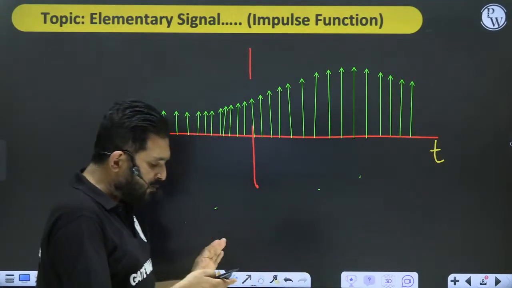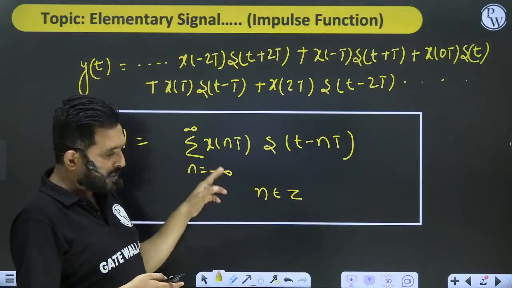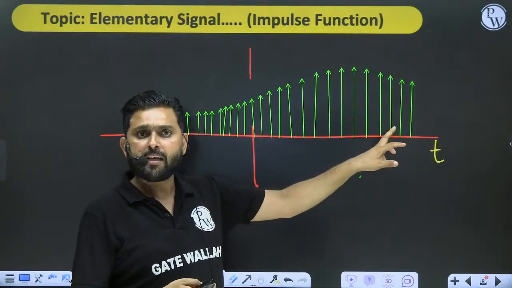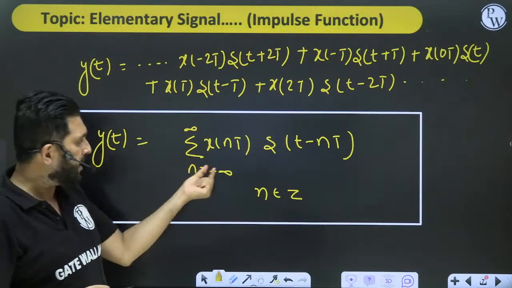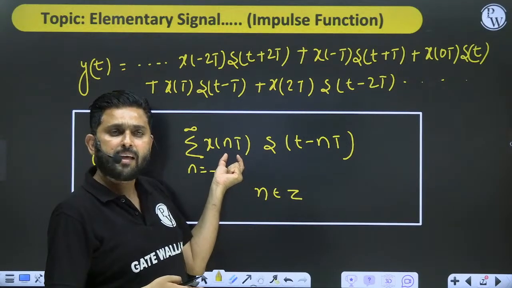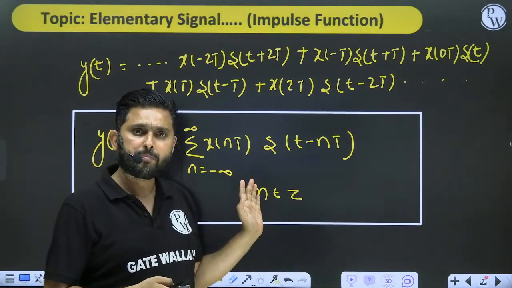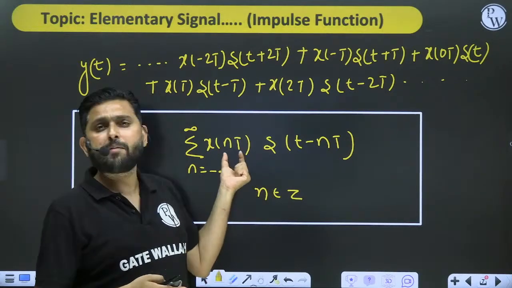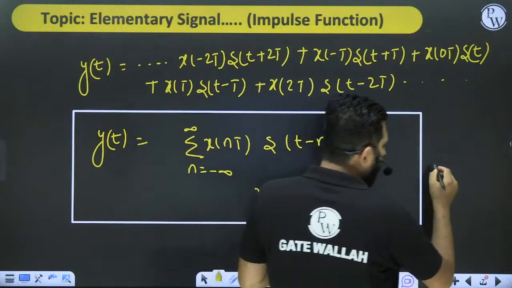Now, can you tell me what should be the change in this expression then? Since it is present at each and every instant of t, this complete thing is now represented by integration instead of summation. And let's imagine this nt as tau.